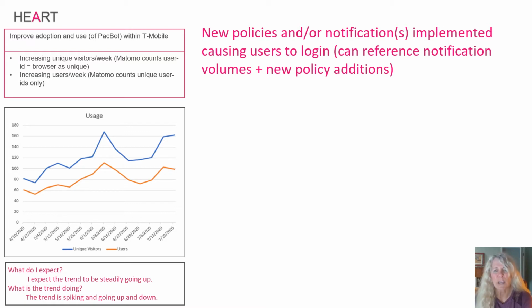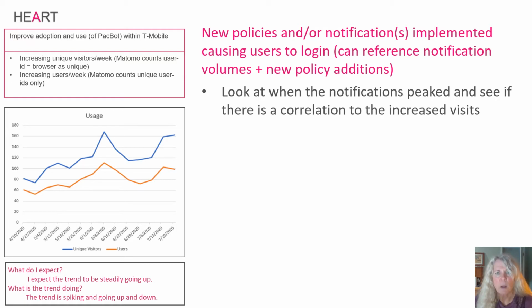New notifications are when they push a message out to the user and say, hey, you've got an issue, you need to do something about it. And so this very possibly and hopefully is driving users to go into the system and to take action to correct some of their vulnerabilities. So this is a very possible driver of the volume.